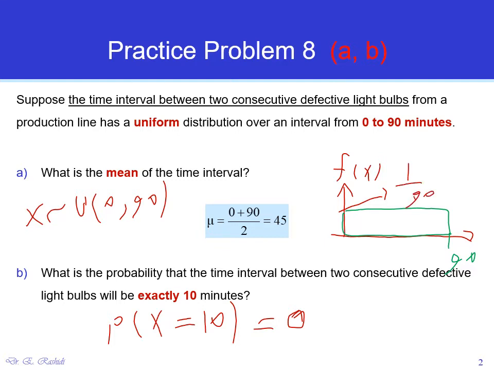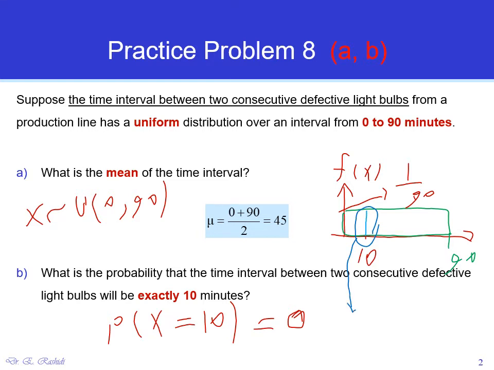So the height is 1 over 90. The probability of x equal to 10 means the area of a rectangle at 10. So suppose this is 10.